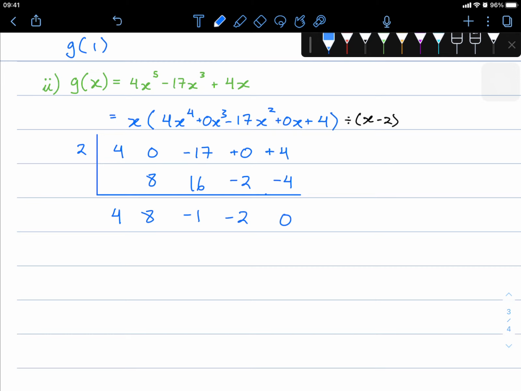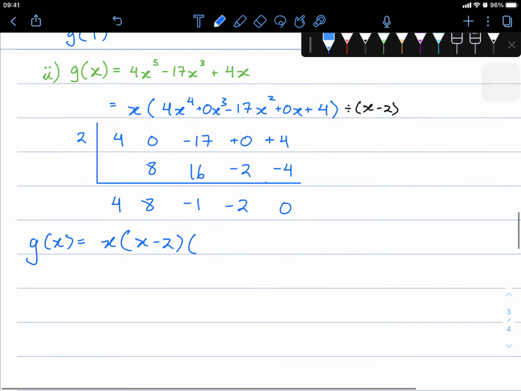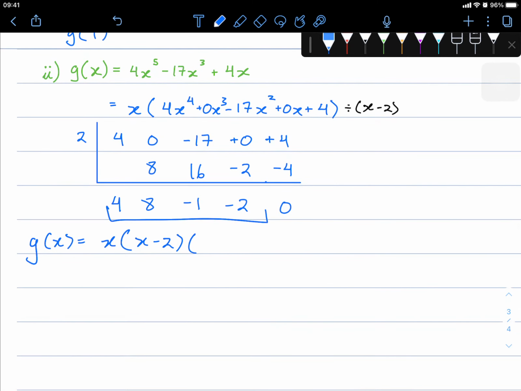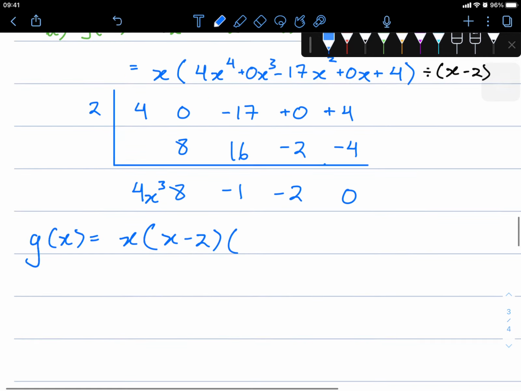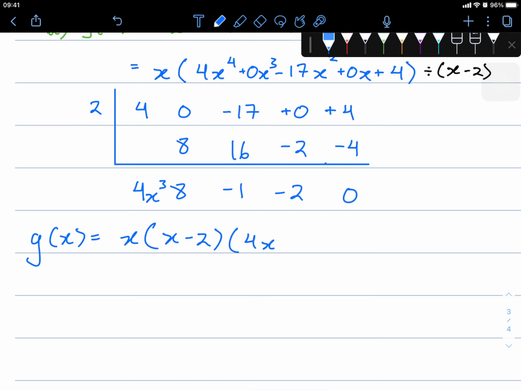So the two factors that we have now for g of x is x minus 2, and this new quotient here. Since we divided from x to the power of 4, this is now x cubed. So 4x cubed plus 8x squared minus x minus 2.